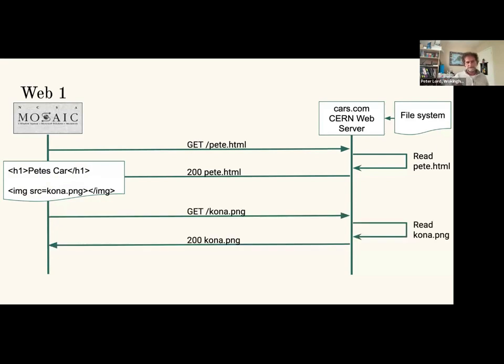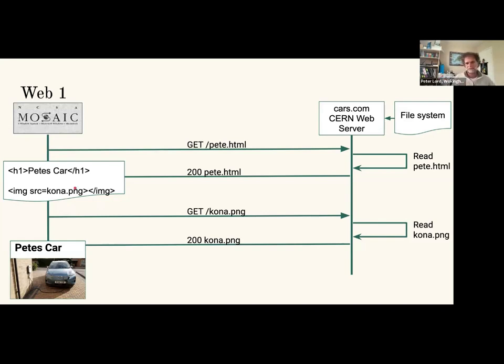So the browser would do a GET of that image, exactly the same process. We'll get the image back, and eventually we'll see on a browser the results of the HTML rendered with the image inside it. So very simple, very standard, and this goes back to the early 90s of Tim Berners-Lee's original invention.